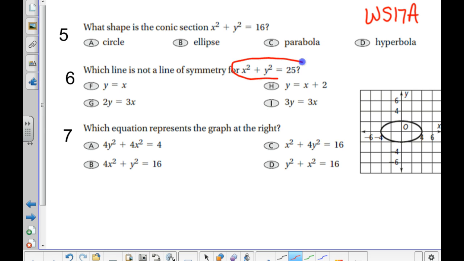What is this graph? Circle, whose radius is 5. Line of symmetry. Anybody have an answer? All the rest of these equations, Ben?